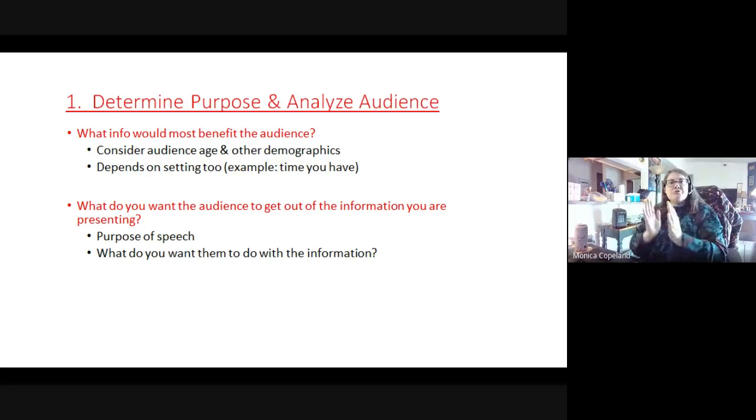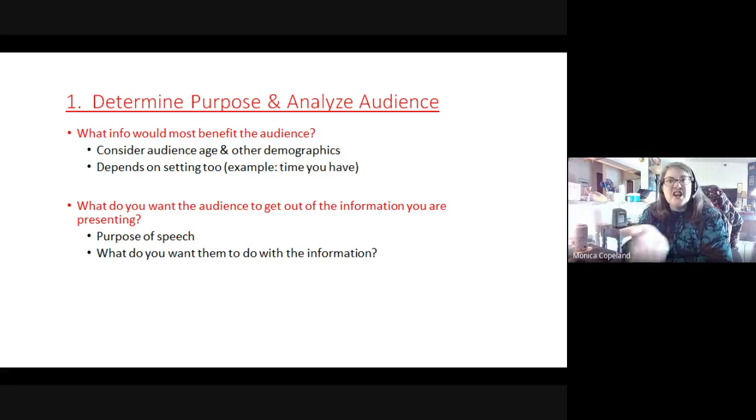All right, so the first thing you need to do in COVA is decide, what's my content? So what stuff do I need to help my audience? In other words, decide what the purpose of the speech is, in this case, inform, and decide what does my audience need? Now, in the case of speech class, you know who your audience is. It's your classmates and myself.